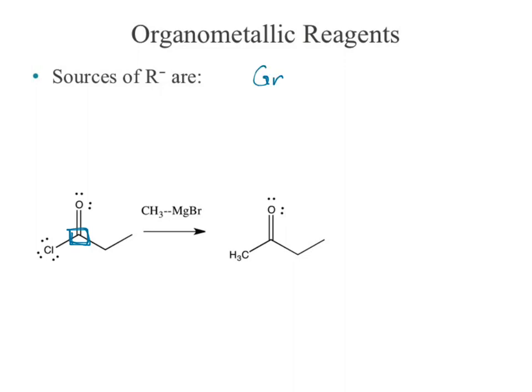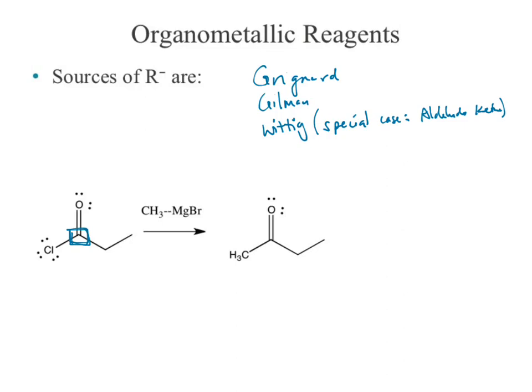Grignard. Gilman. Wittig. Wittig is a special case. Why is it a special case? It's going to create an alkene. It's also only going to go with our aldehydes and ketones. The what? Alkyl lithium? Okay.